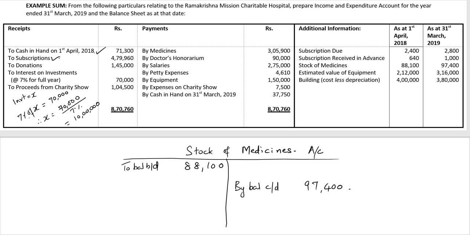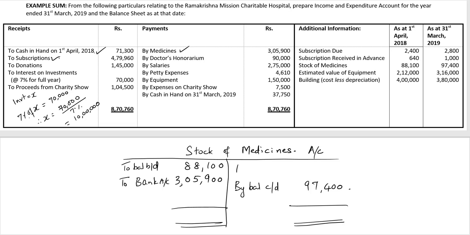Amount of medicines purchased, we can get the information from the payment side of the receipts and payments account, to bank for purchase of medicines 3,05,900 rupees. Items are done. The balancing figure is on the credit side, by cost of medicines consumed.